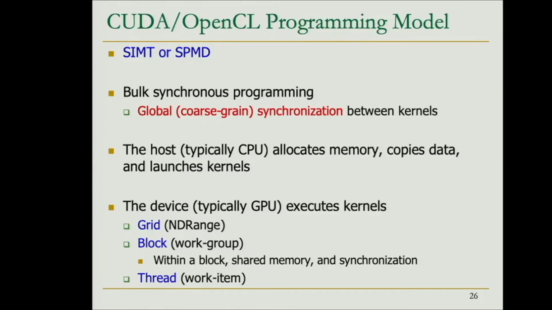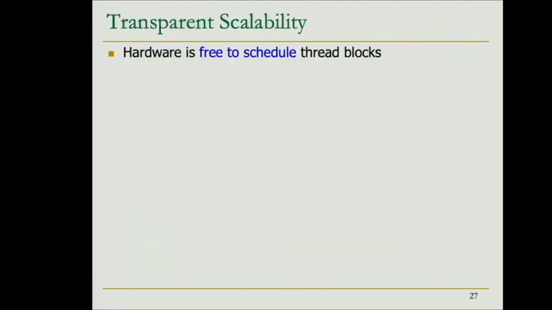Within a block, as you can see in the slide, these threads belonging to the same block can exchange data or share data using an on-chip memory that is called shared memory, and they can also synchronize. So this is the local synchronization that I was talking about. And then, we have thread blocks or work items in the OpenCL model.